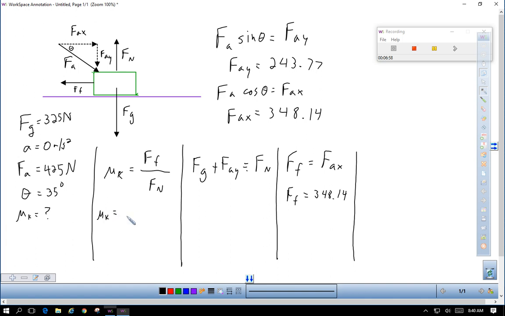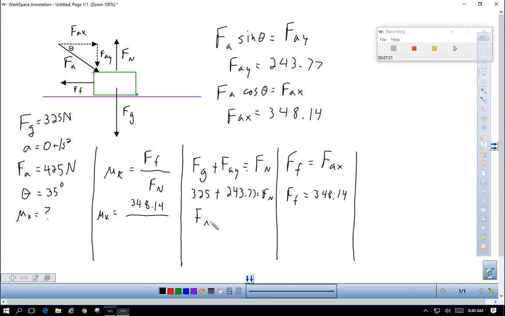mu k equals 348.14. And now let's see here, we have 325, and that is not a mass, that is the weight. They gave us that value in newtons, and so we do not need to do anything else to that except plug it in for Fg, plus 243.77, and that will equal Fn.